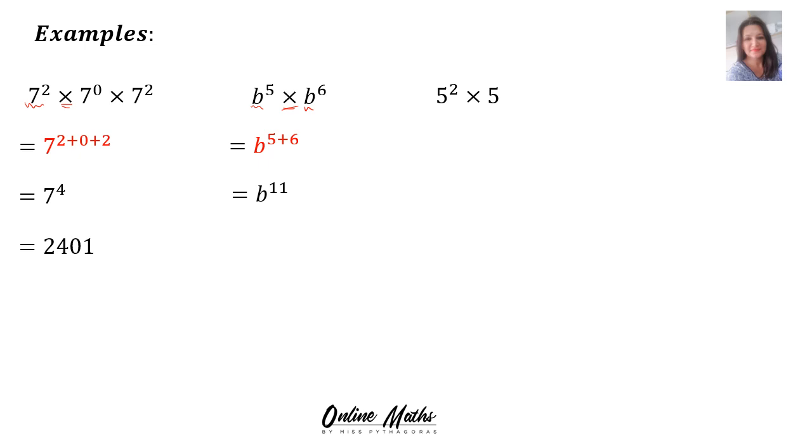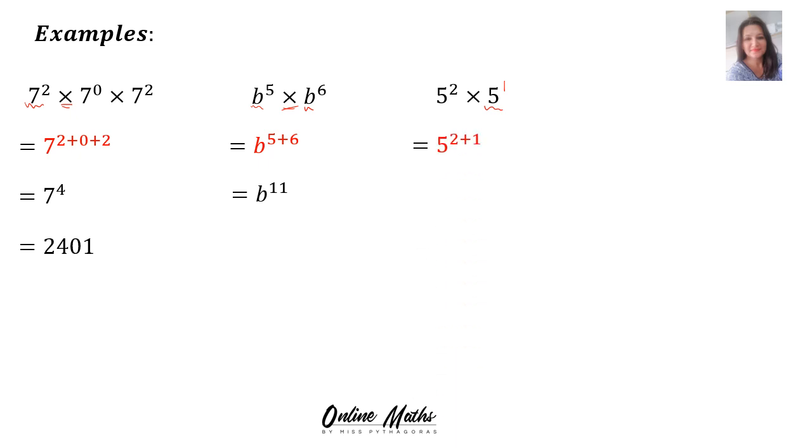5 squared times 5. Now the reason I gave you this sum is if you look at this 5, there's no exponent, but in fact there's an invisible 1. So if there's nothing there, there's an invisible 1. And then you say bases are the same, you multiply, therefore we add exponents.